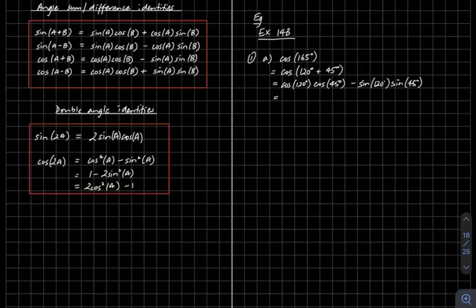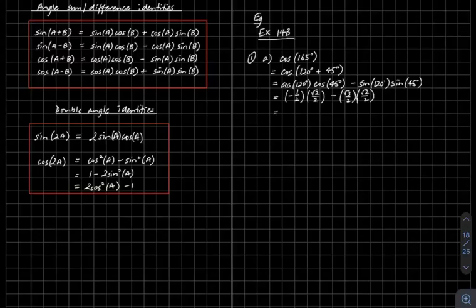So cos of 120, well, cos is definitely negative in quadrant 2, and for 120, cosine is the same as 60, so that's a half. Then cos of 45, well, that's just root 2 over 2, minus sine of 120, sine is positive in quadrant 2, and sine of 120 is the same as sine of 60, so root 3 over 2 is its sine, and sine of 45 is, again, root 2 over 2.